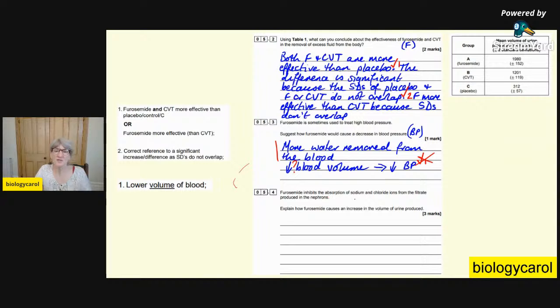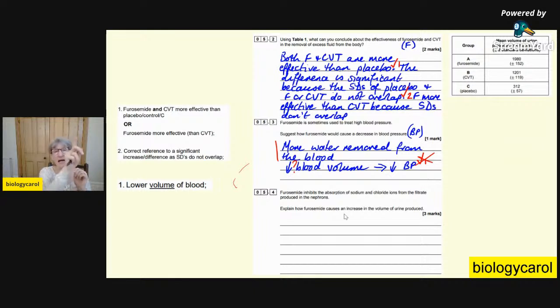Furosemide inhibits the absorption of sodium and chloride ions from the filtrate produced in the nephrons. Explain how furosemide causes an increase in the volume of the urine. So here am I now applying all that I know about how the nephron works, using the knowledge that furosemide stops sodium ions being actively transported out of, now let me get this right, what's the word?